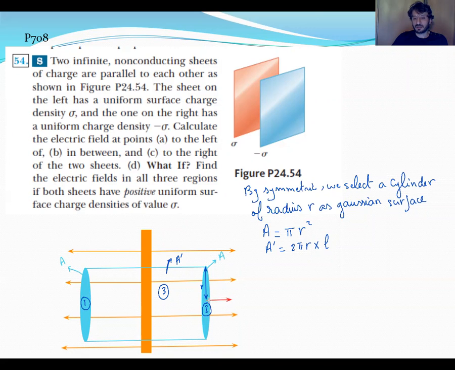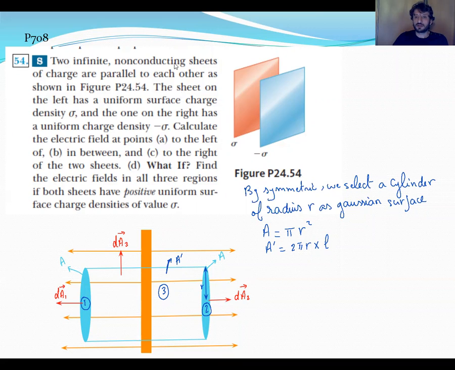Here A is to the right, here A is to the left, and on the lateral side it will be perpendicular to the vector E. So here we have dA3, and dA1 equals dA2, let's say dA2 and dA1.